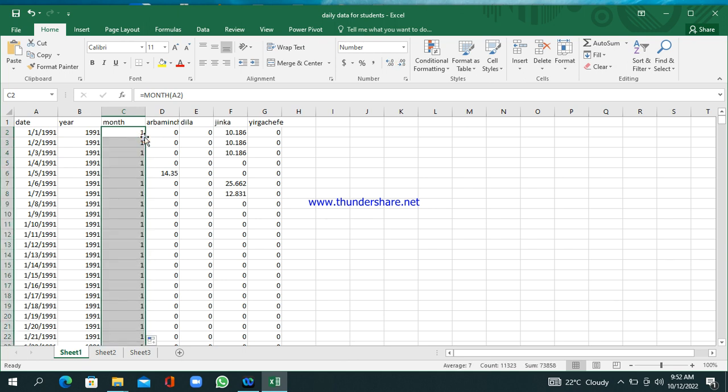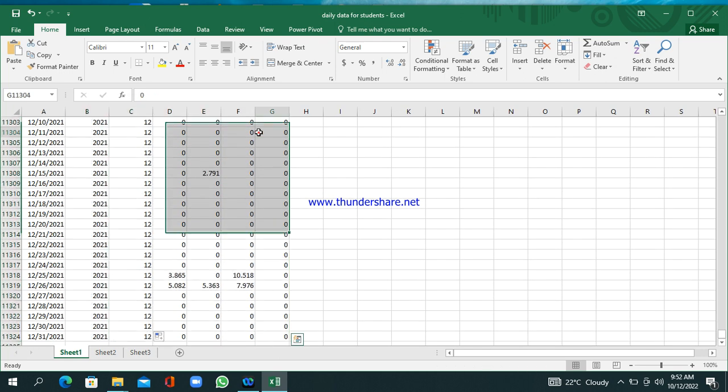These are the filtered months. Finally, we select all this. I can select with Shift Control arrow. No, sorry.